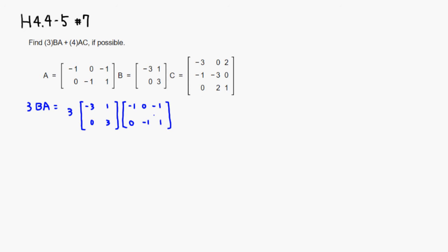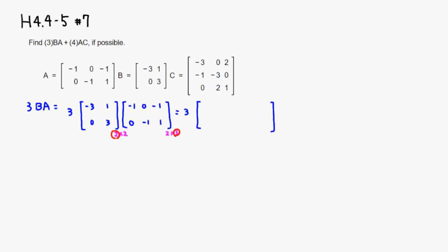Let's do the matrix multiplication first, leaving the 3 there. This is 2 by 2 times 2 by 3, so it's compatible, and the resulting matrix is going to be 2 by 3.